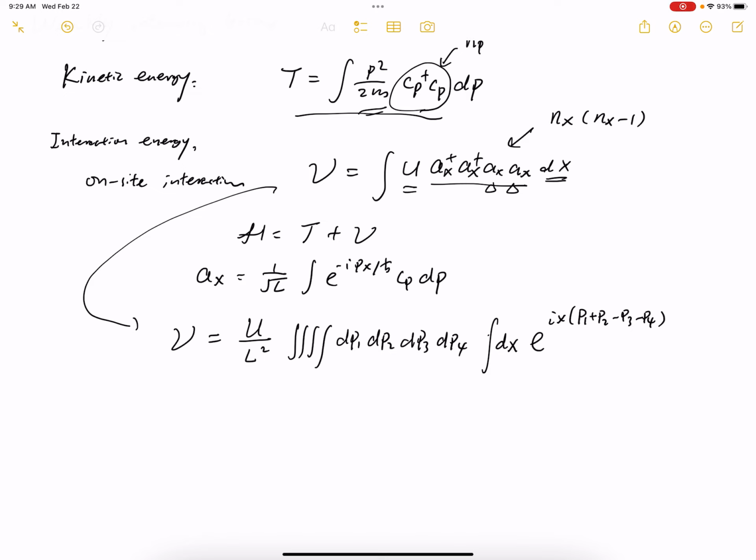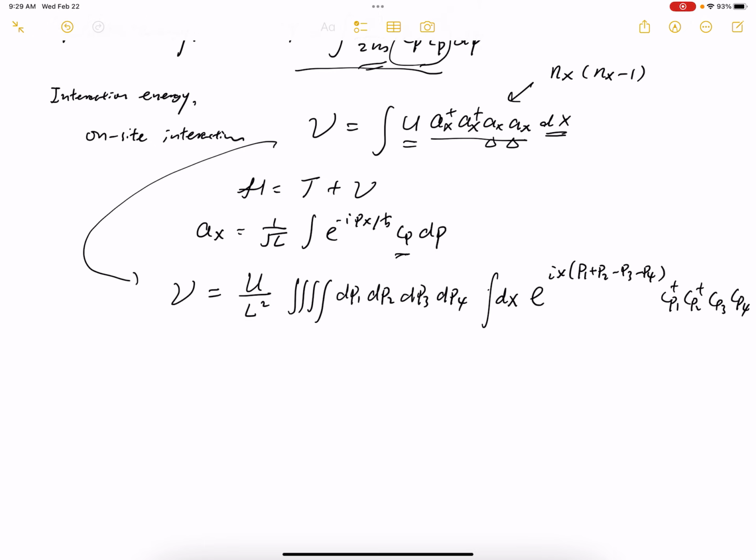The p1 and p2 are for the A_x daggers, so those have the positive sign. That's the exponent. Then we have the C's: C_p1 dagger, C_p2 dagger, C_p3, and C_p4. So this is the whole expression. There's the integral over x, four integrals over momentum, and this Fourier factor e to the i.